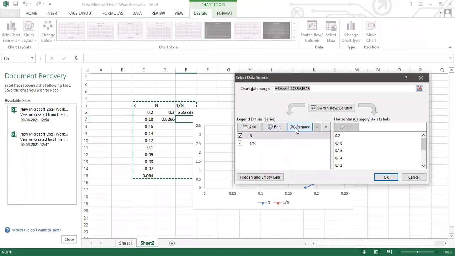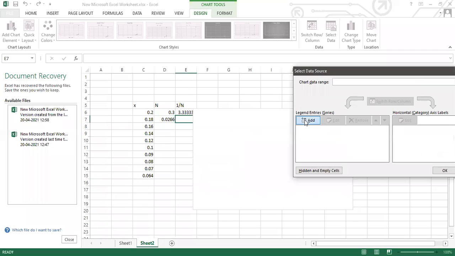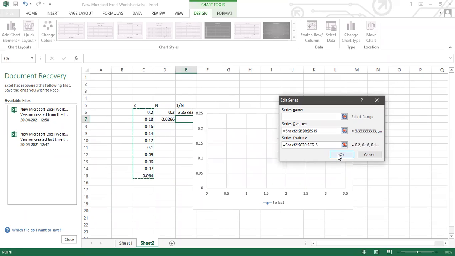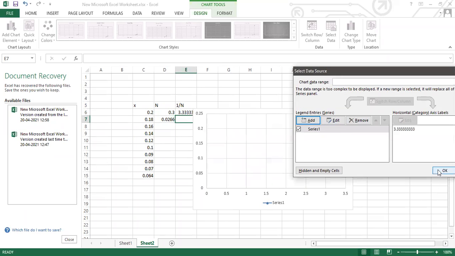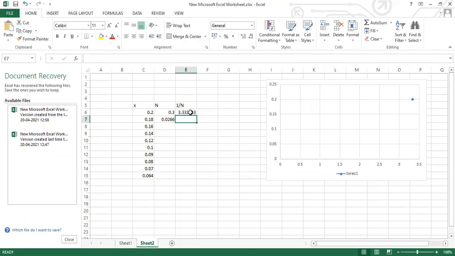Selected data, remove, I have to add the data, x1, and here this one, okay.